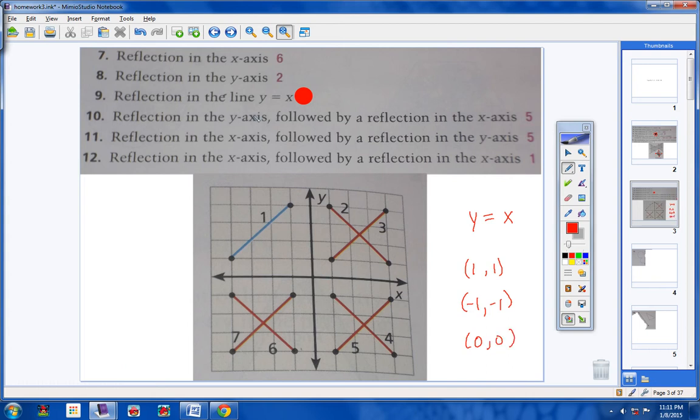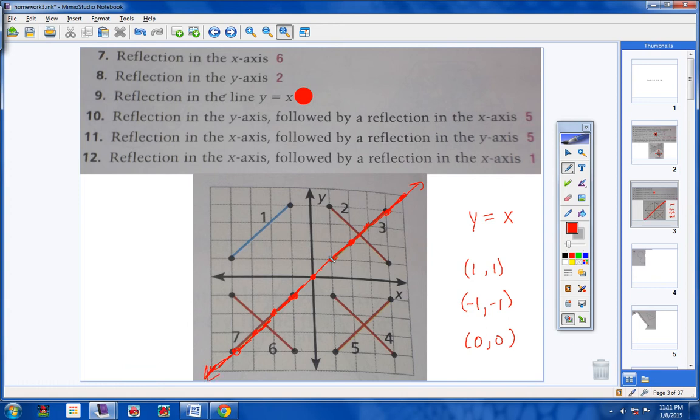So the line y equals x is this line here. Do you see this? It's 0, 0, 1, 1, 2, 2, 3, 3, 4, 4, 5, 5. And then -1, -1, -2, -2, -3, -3, so on and so forth.